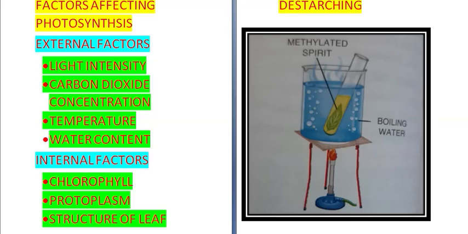So it is necessary for whatever glucose is being produced to be translocated. Structure of leaf, thick cuticle, distribution of stomata, size of leaf, all these influence the amount of light and carbon dioxide entering the leaf, and which in turn influences the rate of photosynthesis.